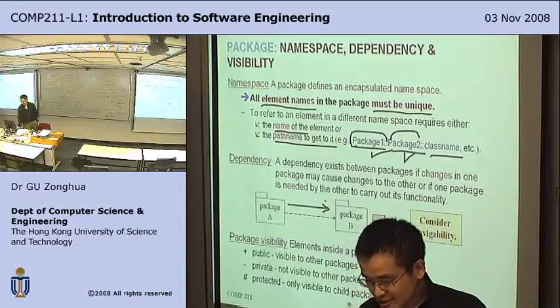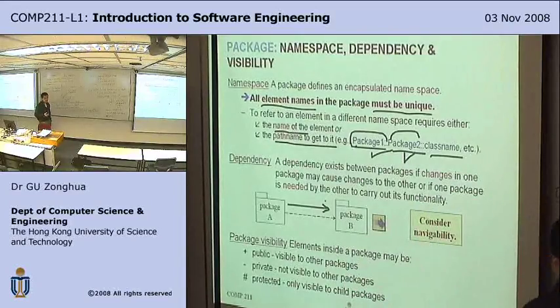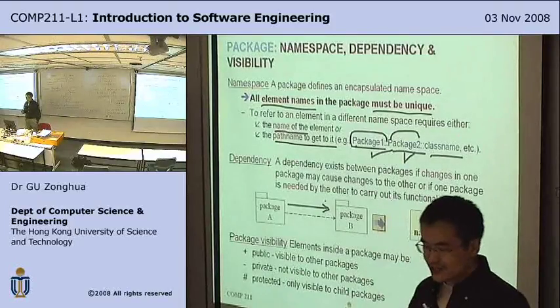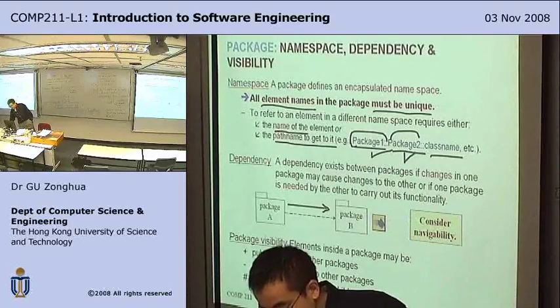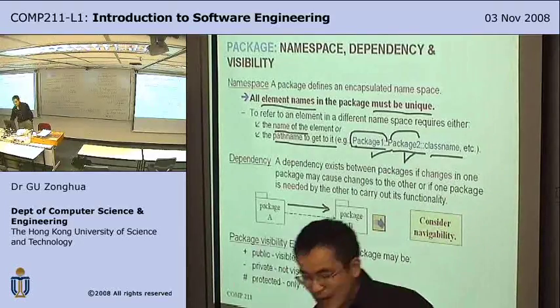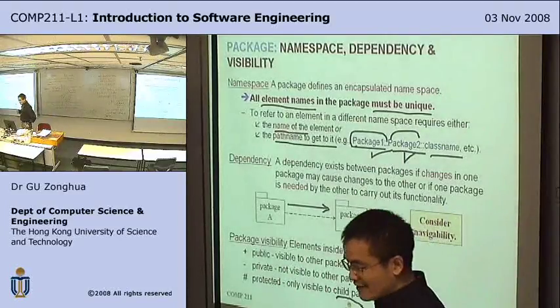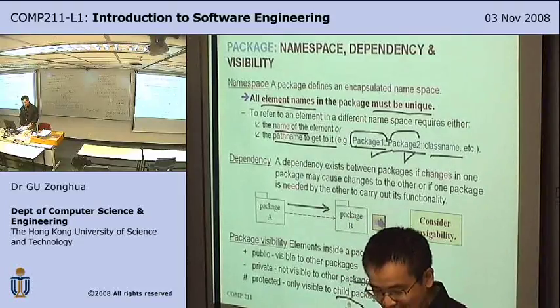And the protected attribute of a class is visible to its child, that is its subclasses, forming an inheritance or generalization relationship. But here this is visible to child packages because packages do not inherit. You do not have generalization relationships for packages. You only have containment of a parent containing some child packages.